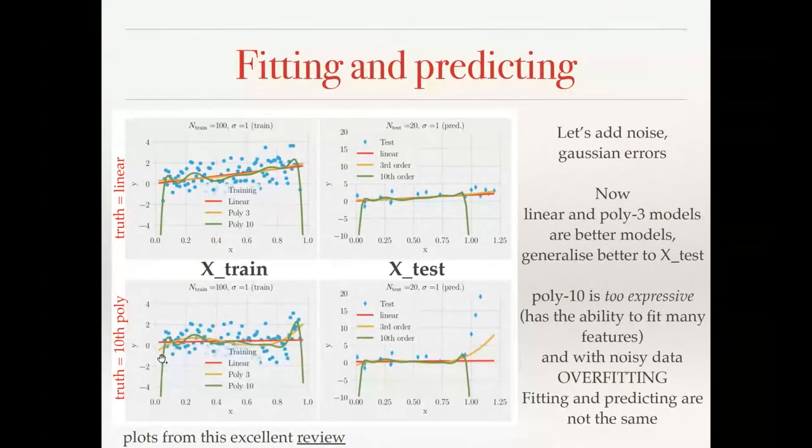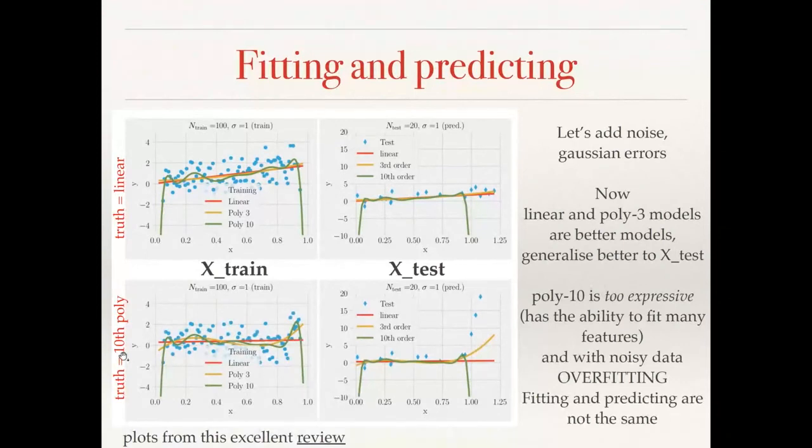Again, when we try to fit linearly, that's fine. The linear fit just tries to go more or less in the middle of all this scatter. The cubic starts trying to get some kind of pattern over here, going up and down. And the 10th order polynomial obviously also starts getting some features.